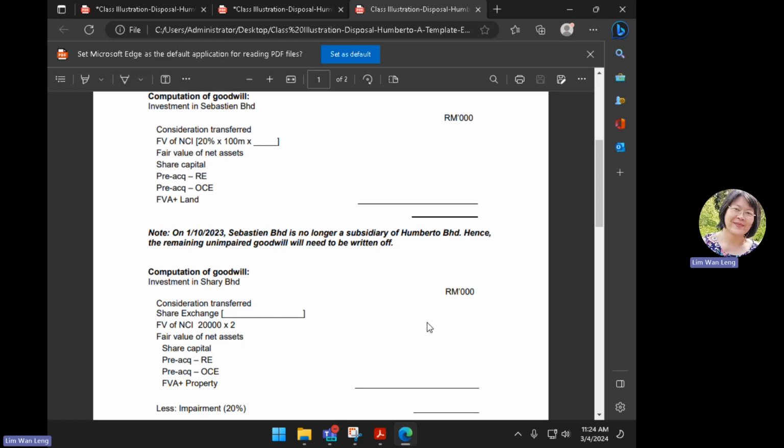Just fill in, and then we will check. Just give you a few minutes only. Computation of the goodwill in the investment in Sebastian, in the investment in Sherry. All the figures are given to you. You basically plug in, that's all.